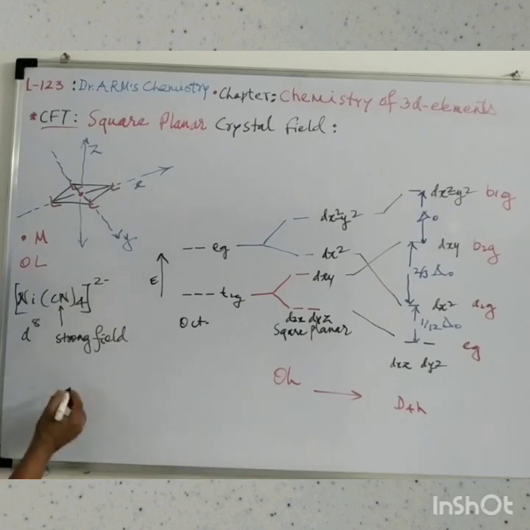Now we will show the structures here for our convenience. If it is a square planar structure, then we have the orbitals like this.